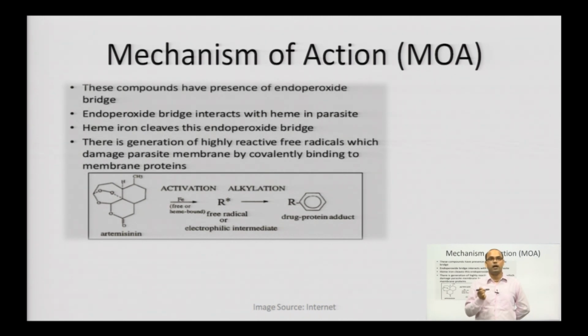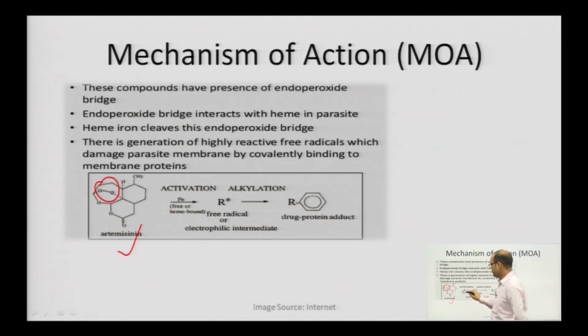The heme iron in the blood of the parasite cleaves the endoperoxide bridge, and there is generation of a highly reactive free radical which damages the parasite membrane by covalently binding to the membrane protein. In the picture, this is the artemisinin and this is the endoperoxide bridge.